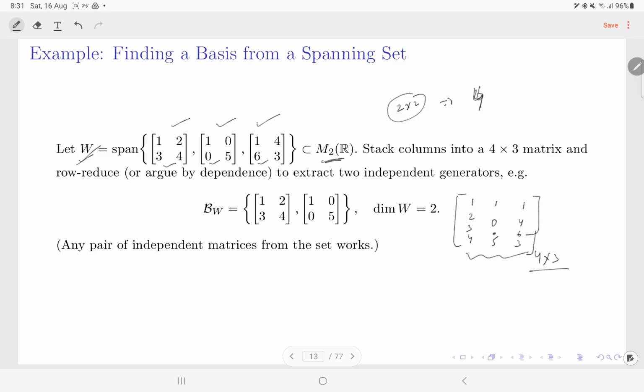From here you can use the row echelon form and find the number of independent and dependent columns. I'm not going to solve it. When you solve this, you will get that one is again dependent on the other two matrices. So only two matrices are linearly independent of each other, hence the dimension of W is 2.